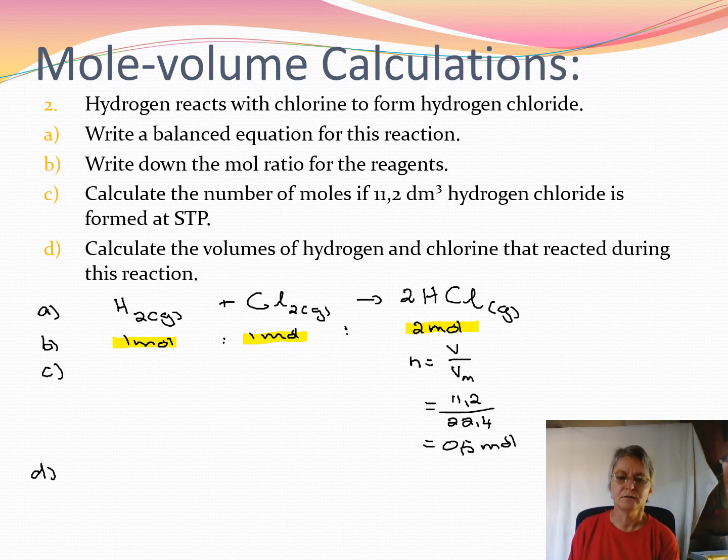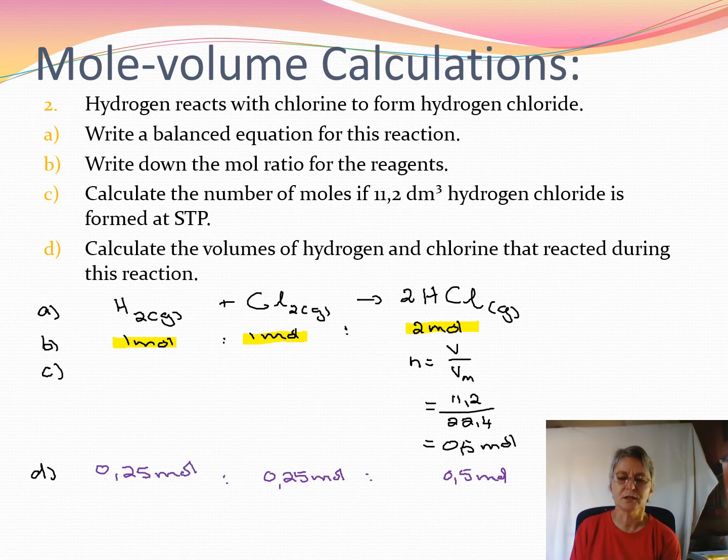So if you've got 0.5 mole of hydrogen chloride, then you need half that of chlorine, 0.25 mole, and half that of hydrogen, 0.25 mole.